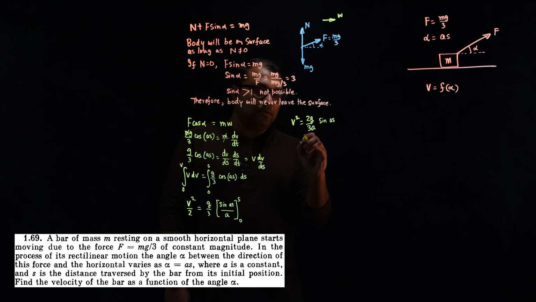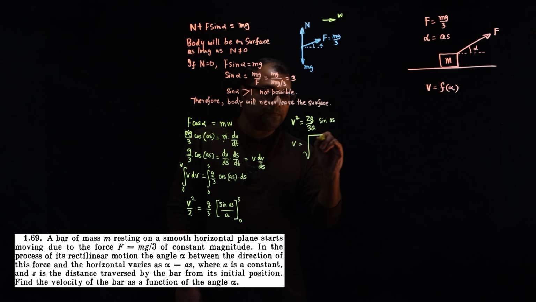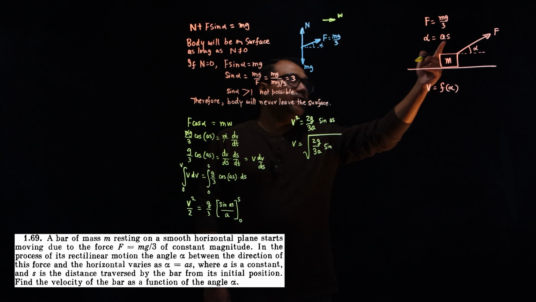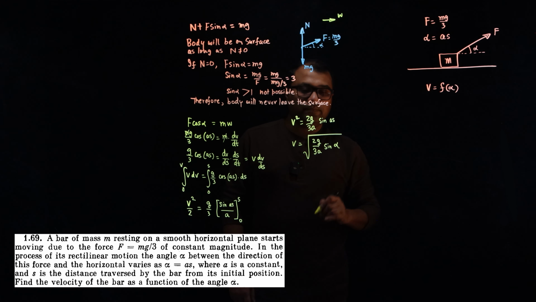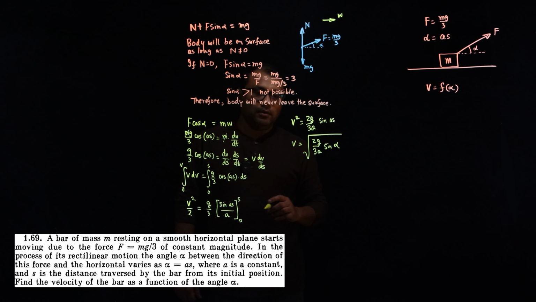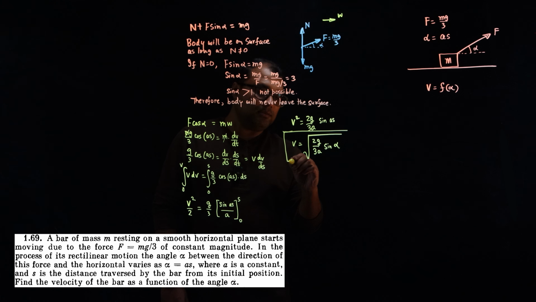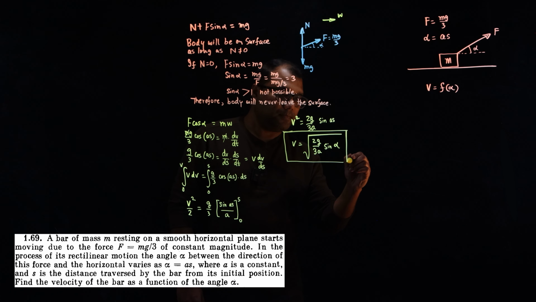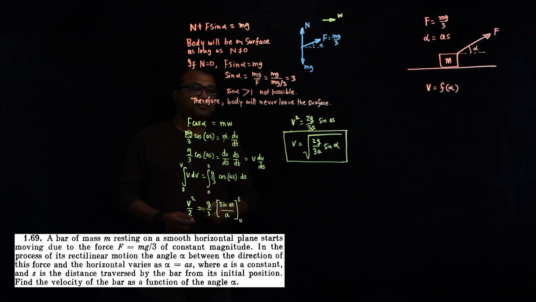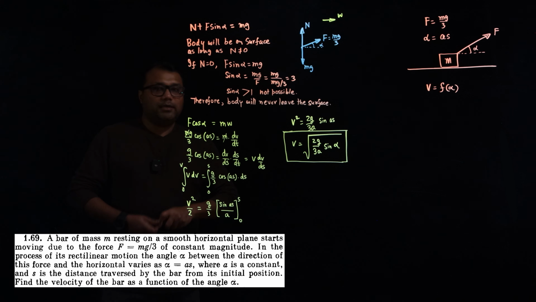Now v will be equal to root over 2g by 3a sine, now as is nothing but alpha, so we can write alpha. So my velocity as a function of alpha is this. So that is my answer.